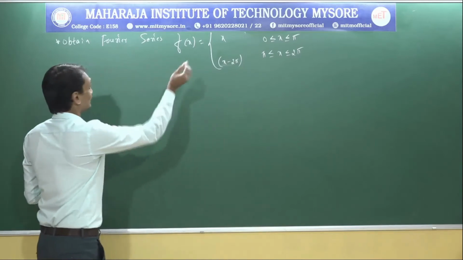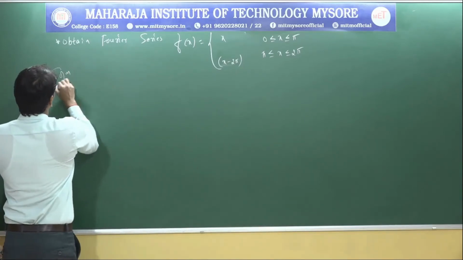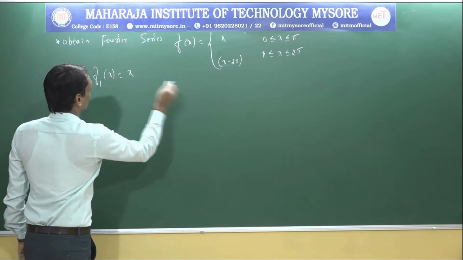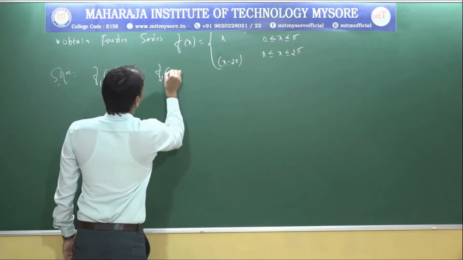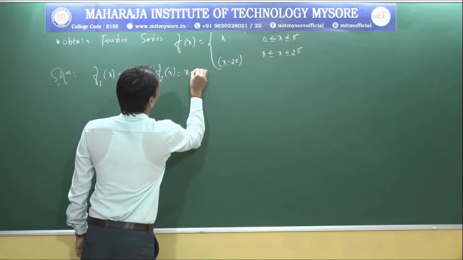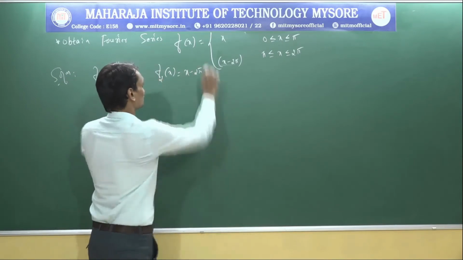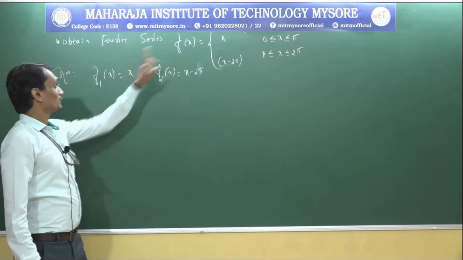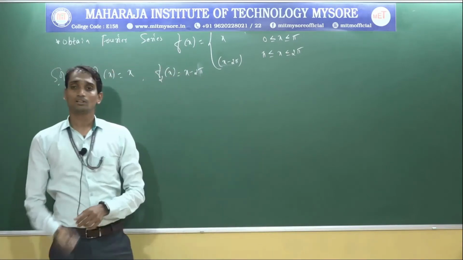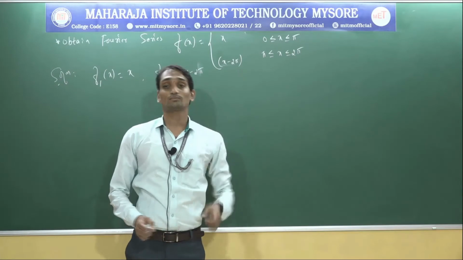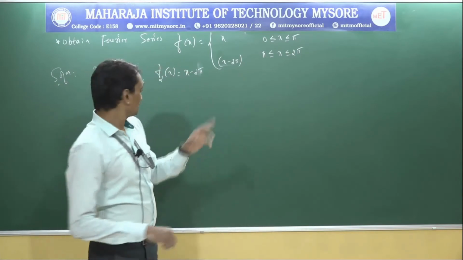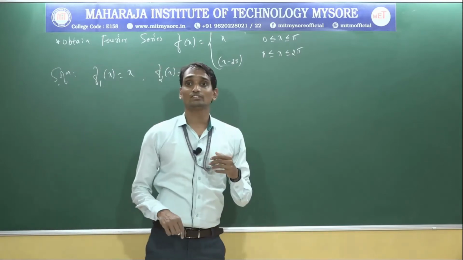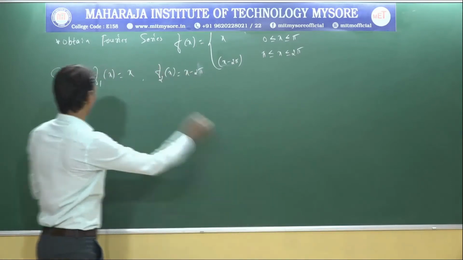So I will divide that function: f1 of x equal to x and f2 of x equal to x minus 2 pi. Now we need to see the given interval, then go for even and odd function. What is the interval?